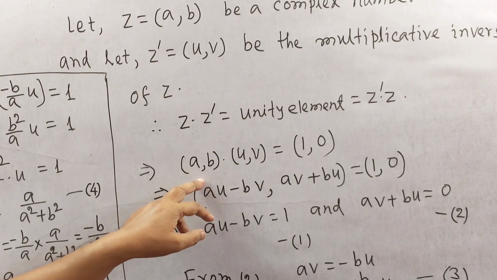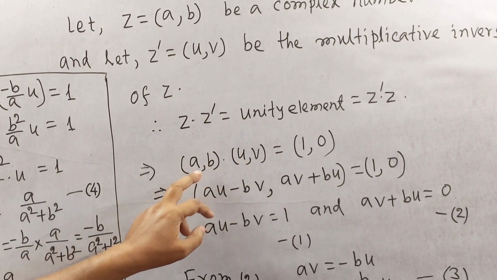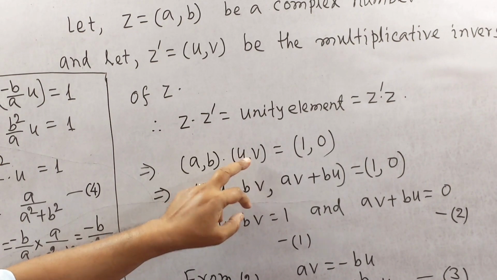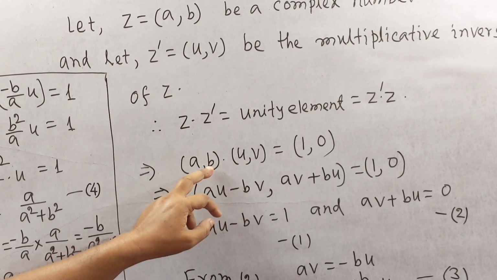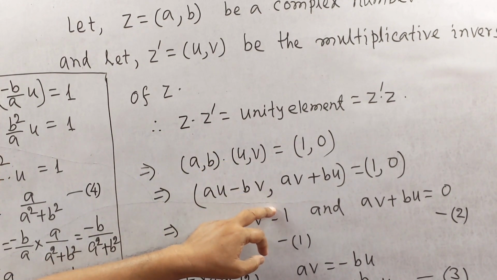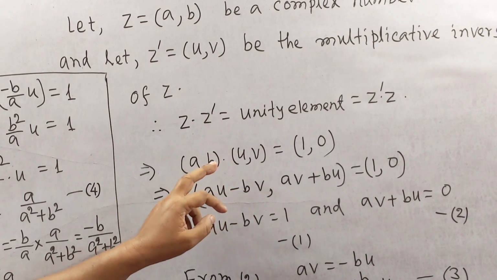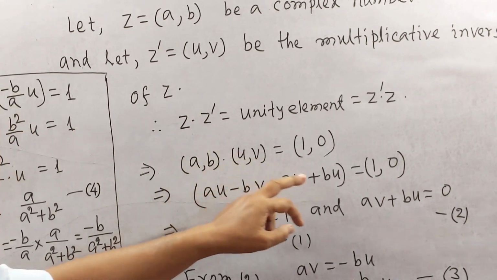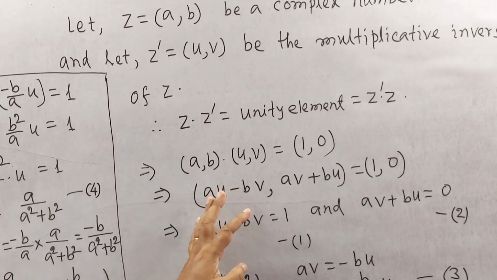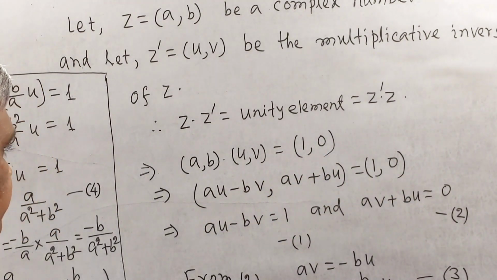Now multiplication of two ordered pairs: AC means AU minus BD means BV, comma, AV plus BU. This equals the ordered pair 1 0.